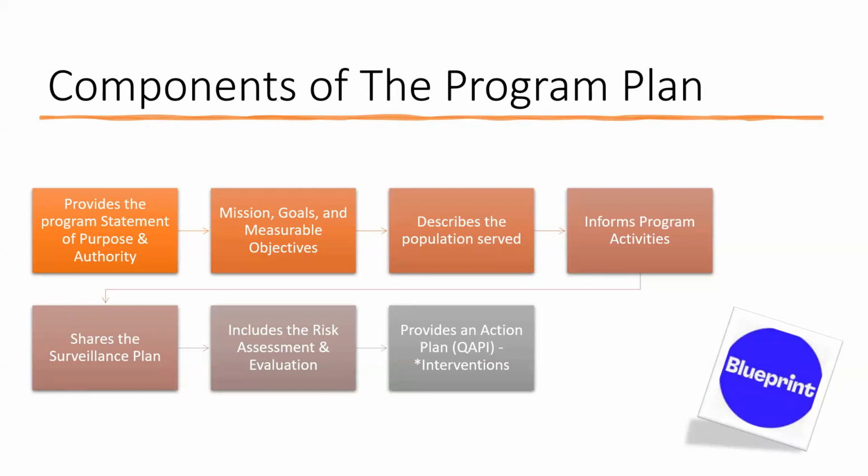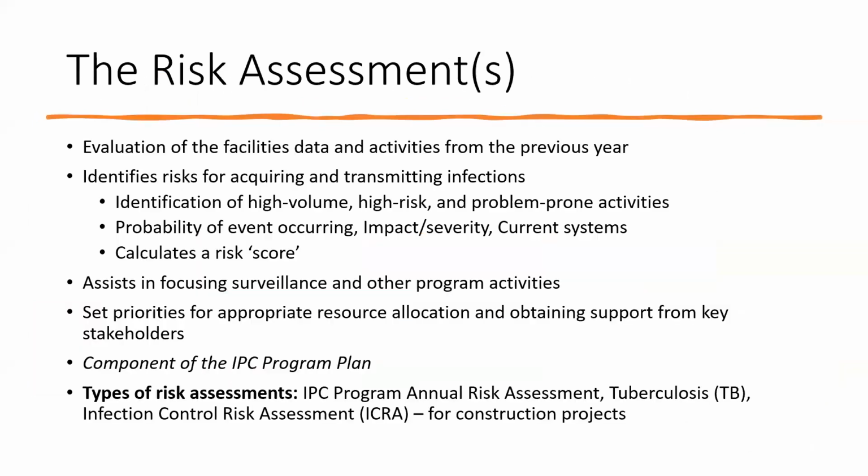So your plan is really your blueprint, so to speak, for the program, right? It helps to organize and also prioritize activities for a working year. So you look back on outcomes and activities from the previous year to then inform and update your plan for the upcoming year, as does the risk assessment.